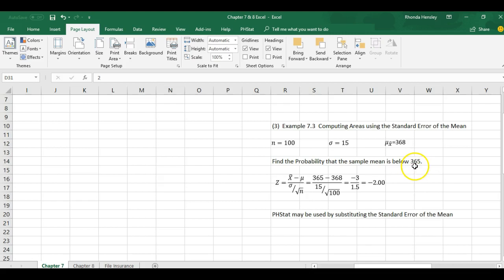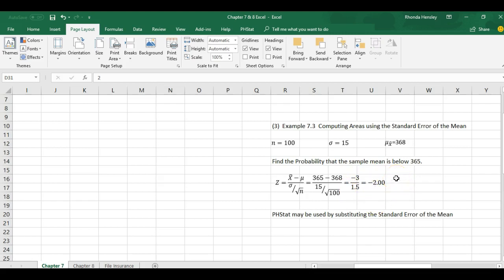So they ask you to find the probability that the sample mean is below 365. So here's your z-score formula with the adjustment here in the denominator. We've got 365, which is our x bar, what we're looking for, minus what we think is the mean in the population, divided by the standard error of the mean, which is 1.5. So minus 3 divided by 1.5 gives us a negative 2.00.